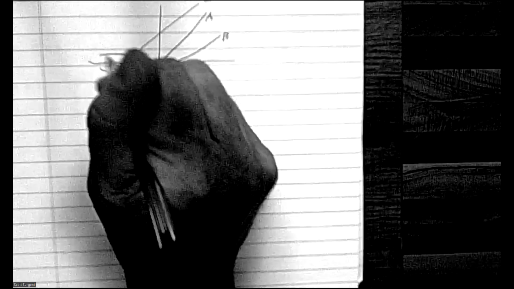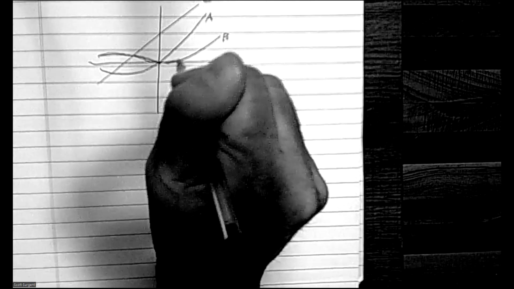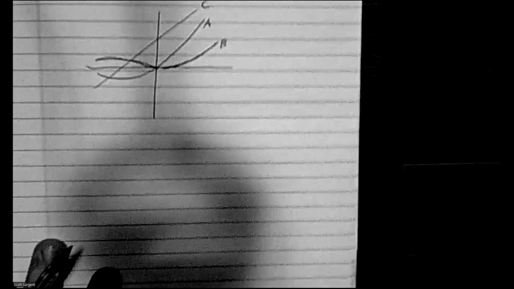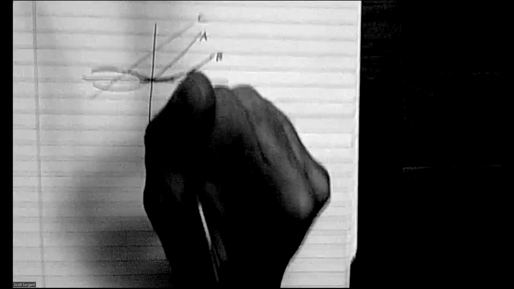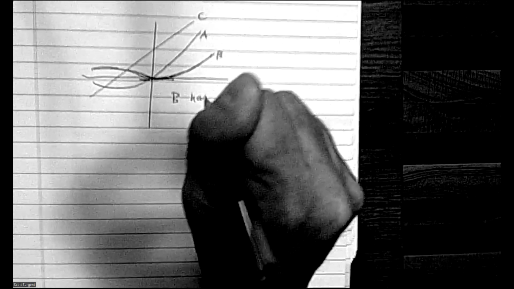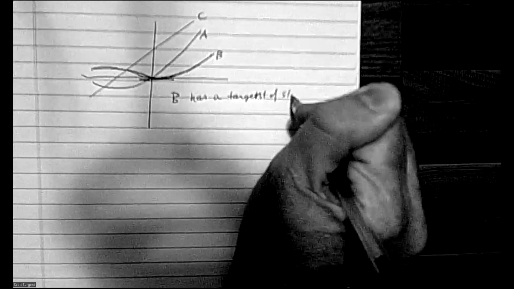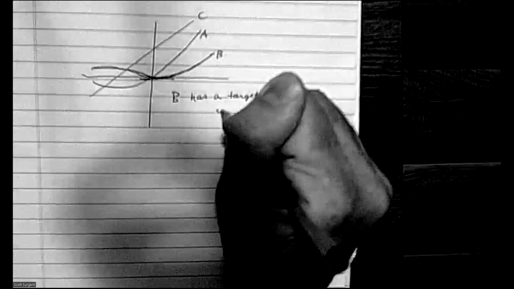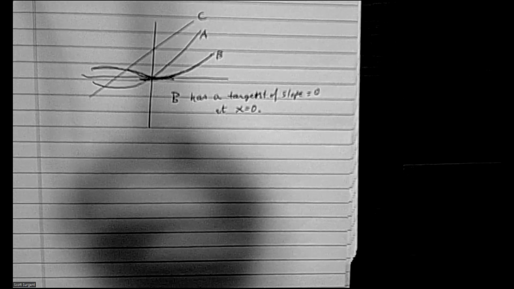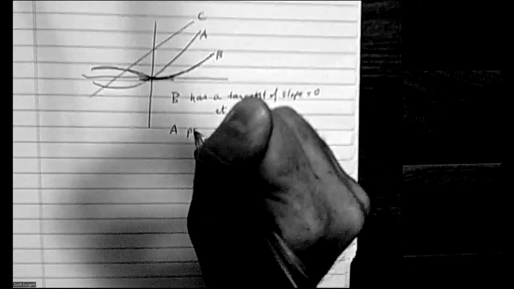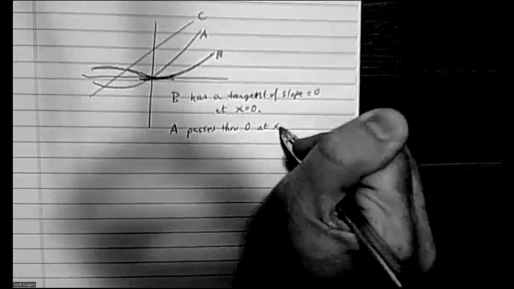Not the best graph, but let's look at B. You will notice that B has a tangent of slope 0 at x equals 0. The graph of A passes through 0 at x equals 0.